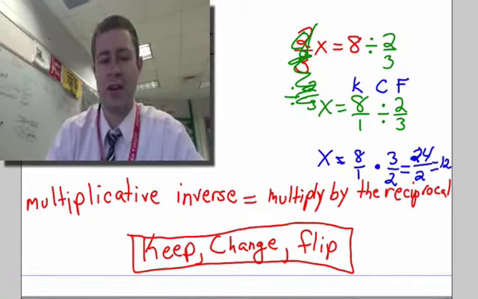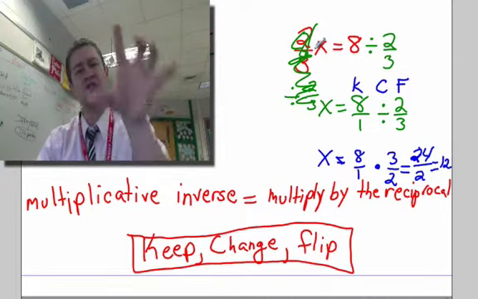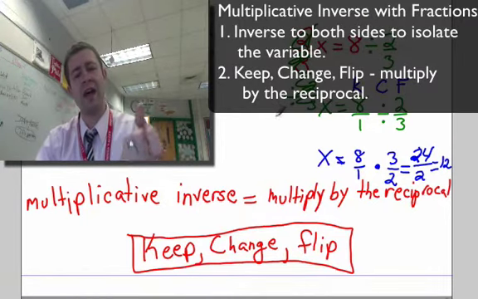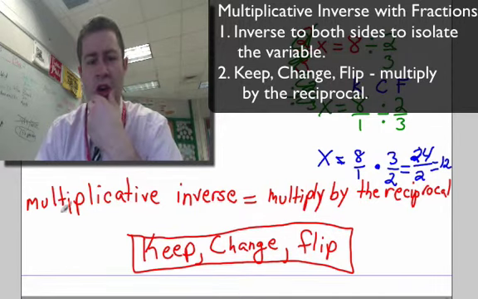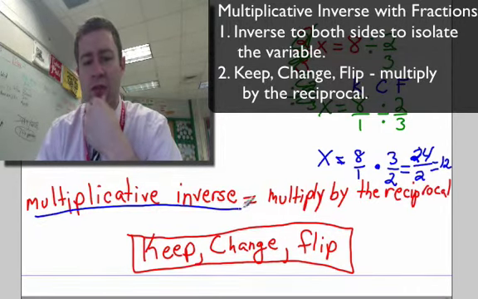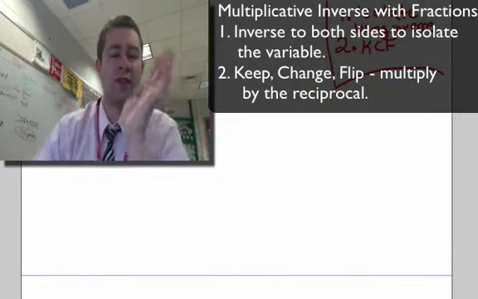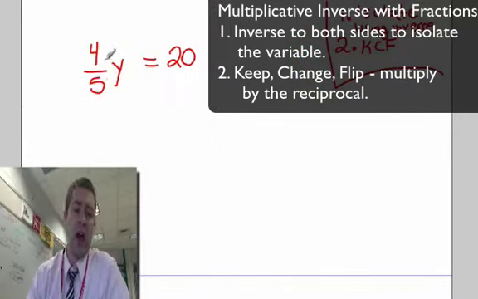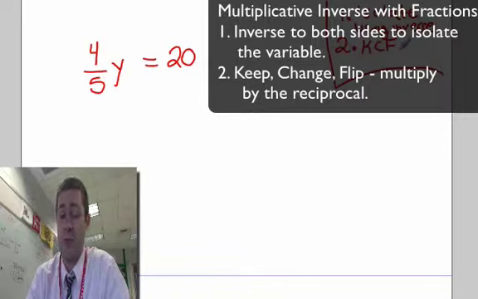I need to remember there are two steps to this. I do the inverse to both sides, and then if I'm multiplying by a fraction, I need to remember to do the multiplicative inverse. I multiply by the reciprocal. Multiplicative just rolls off the tongue. So let's take a look at this: isolating the variable using inverse operations, and then keep, change, flip.